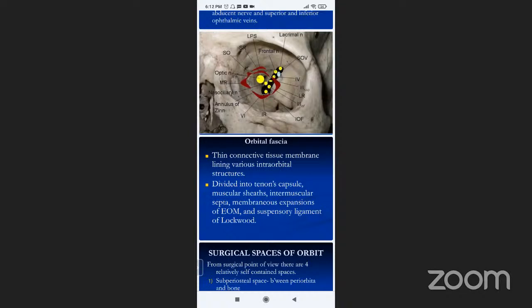Then intermuscular septum, that is the sheath separating or connecting each recti muscle. Then suspensory ligament of Lockwood is the condensation of orbital fascia just below the eyeball, so that it forms a support to the eyeball, and also it condenses to form the periosteum and all.